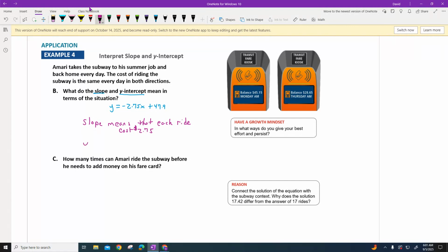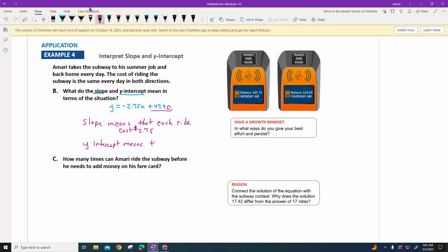All right, now you need to write y-intercept means. Now, that's this guy. Now it's money. So really, they kind of cheated here a little bit. It's $47.90.